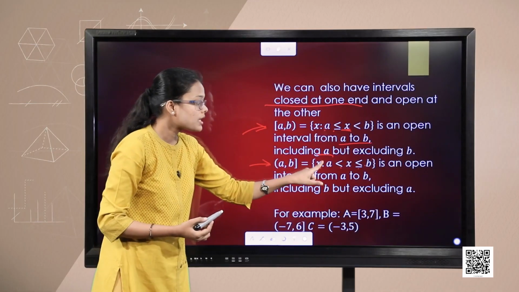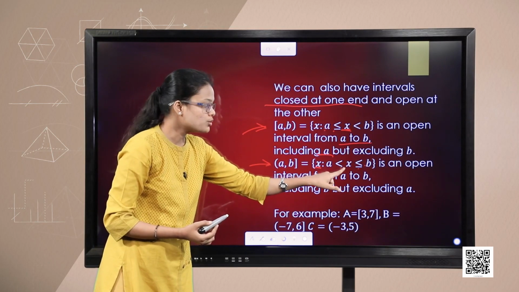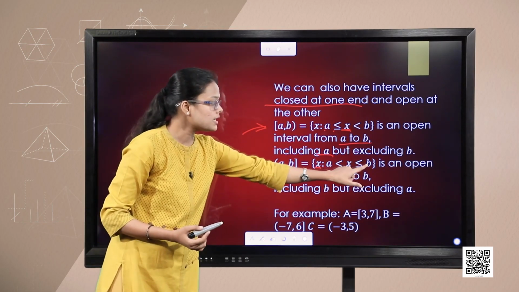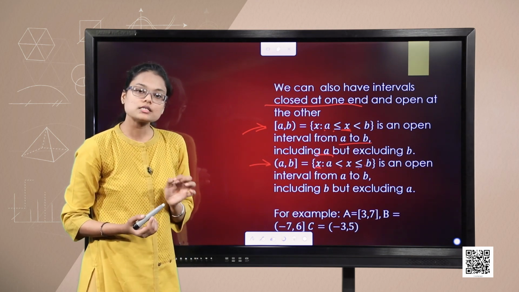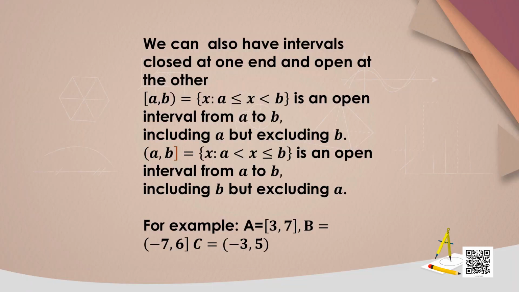Here, a is not included but b is included. So, whenever a point is included in the interval, the square bracket will be used, and whenever the element is not included, we will use a curved bracket.